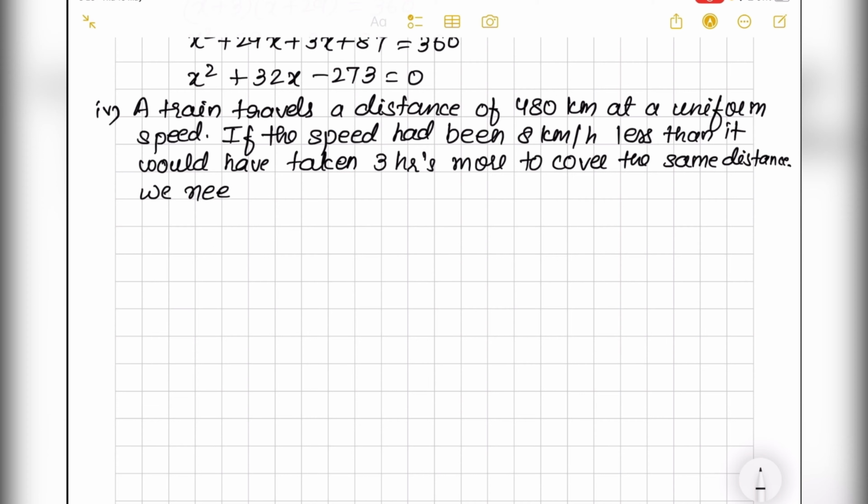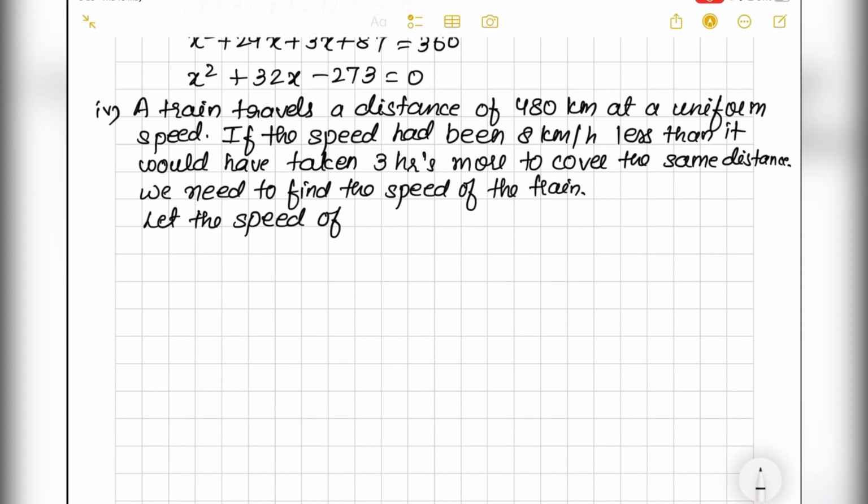We need to find the speed of the train. Now he is asking me to find the speed of the train equation. So first I am supposing, let the speed of train be x km per hour.